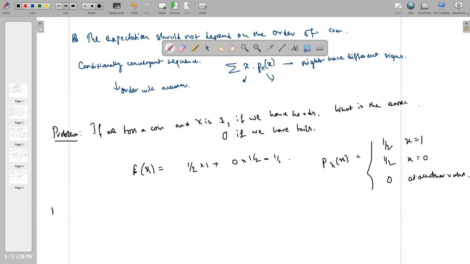Suppose x equals 0 with probability half, 1 with probability 1 by 4, 2 with probability 1 by 8, and so on.